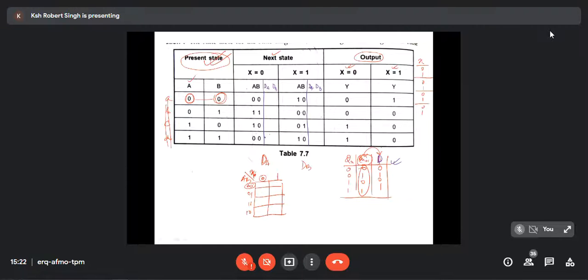Everything is present in this particular table, all information is available. Now, in this DA place, what should I fill up here?